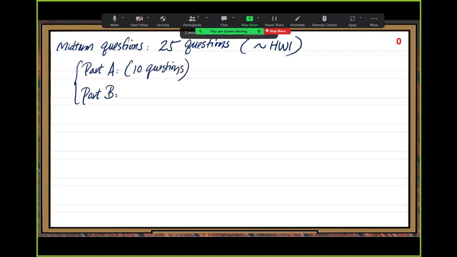What kind of questions? These two types: multiple choice and true and false. Only these two types of questions for part A, 10 questions.